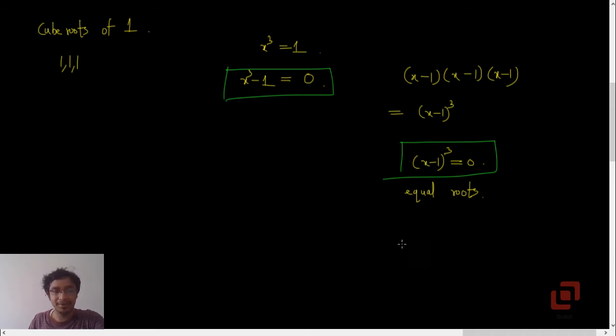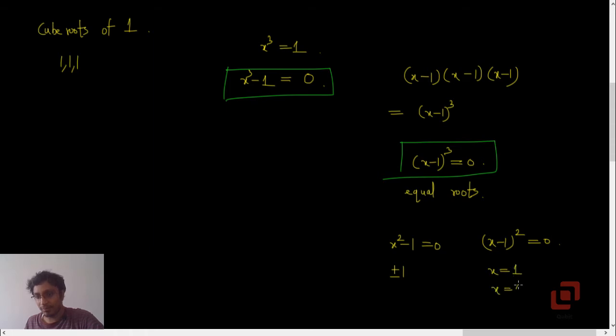It's like saying, are these two equations same? No, you know that x squared minus 1 has roots plus or minus 1, so they are unequal. But x minus 1 raised to 2 equal to 0, this is also a quadratic equation, but it has real and repeated roots, so both are equal to 1. In this case, x1 is plus 1 and x2 is minus 1.